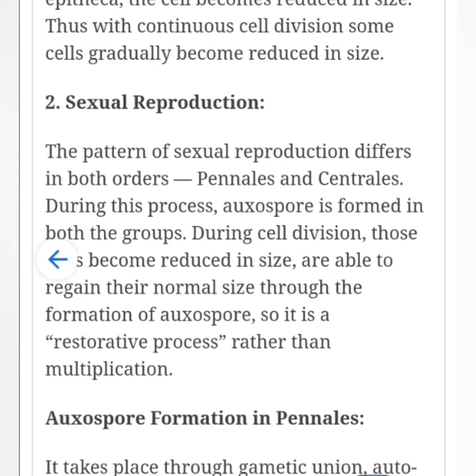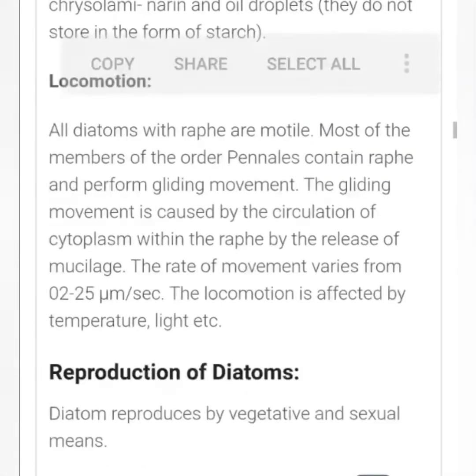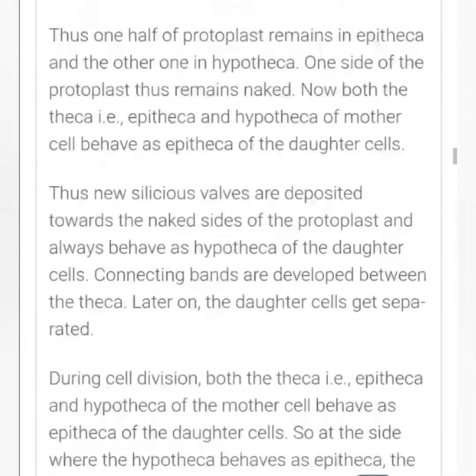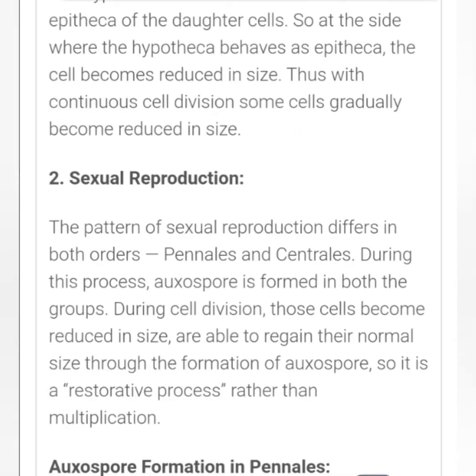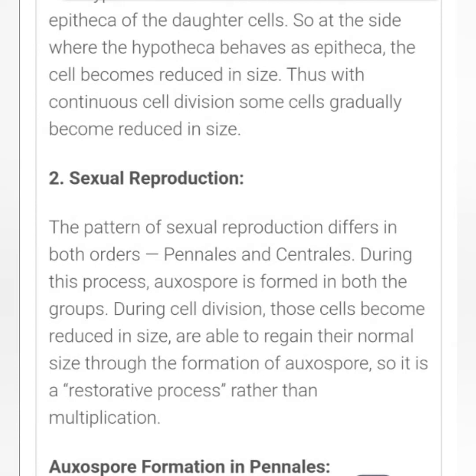Why do we have to study sexual reproduction in both the orders, pennales and centrales? Because the pattern is different. During this process we will see that sexual spores, that is the auxospores, are formed in both the groups.